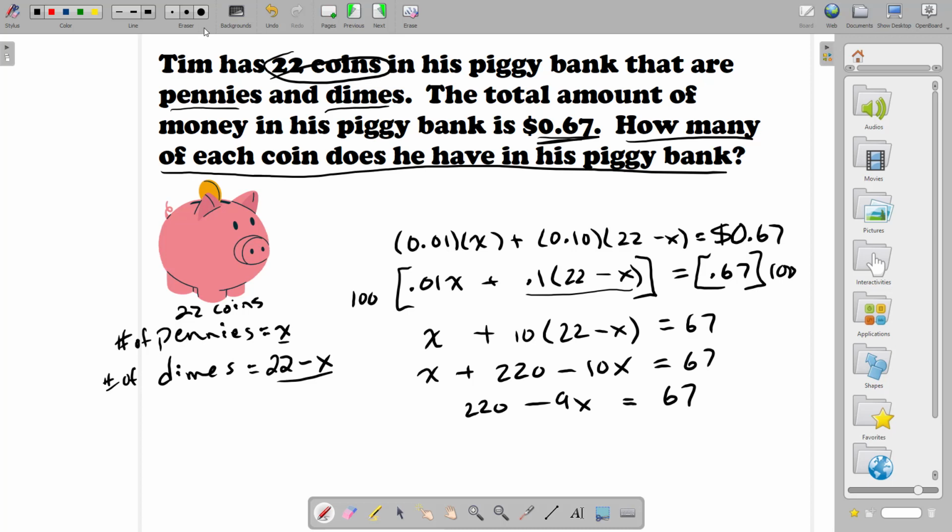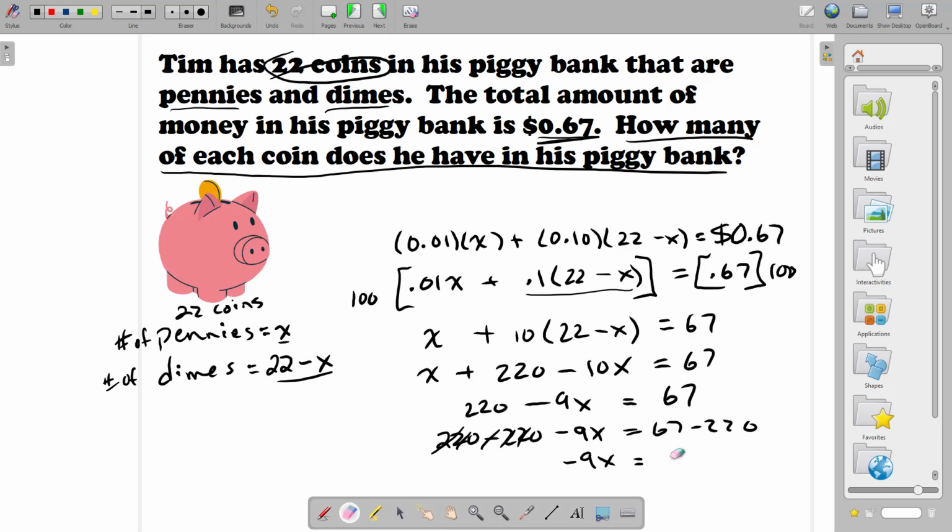So now we're going to subtract 220 from this side. We do that over there, we have to do that over here. These add out. We get negative 9x. And if we take 67 and subtract 220, we get negative 153.